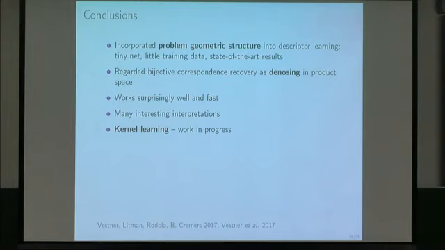So just to conclude, first of all, the first part that I showed with learning the descriptors shows that incorporating geometric structure into the learning problem, in this case into the loss function, can actually be very beneficial. We had a tiny amount of training data and a very small net.